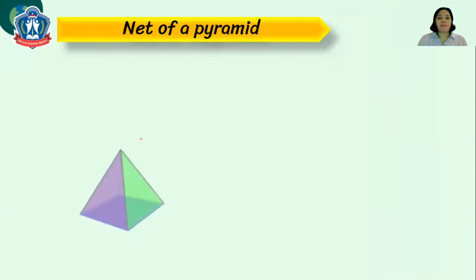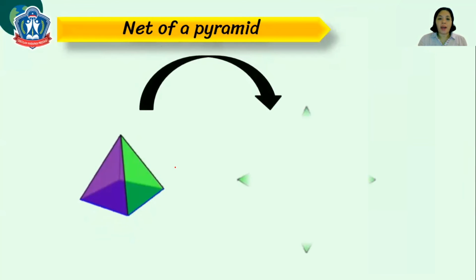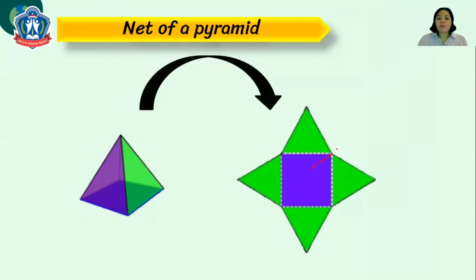Another is this one, a pyramid. Remember, children, earlier, a tetrahedron is also a pyramid. During our Zoom class, I will explain to you why a tetrahedron is also a pyramid. Now, this kind of pyramid is different from the tetrahedron because it has a square. This is the base of our pyramid.